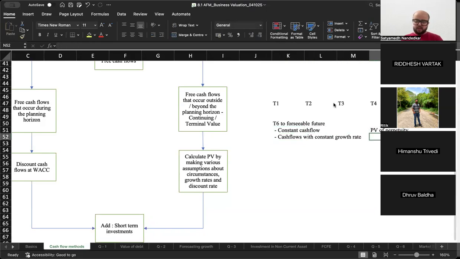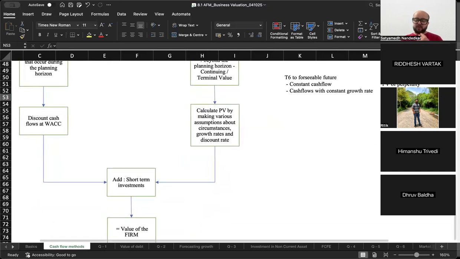Here you will have to use PV of growing perpetuity. So this will be the present value of T1 to T5 cash flows, and then the present value of T6 to foreseeable future cash flows, and that will help you to calculate the value of the business.